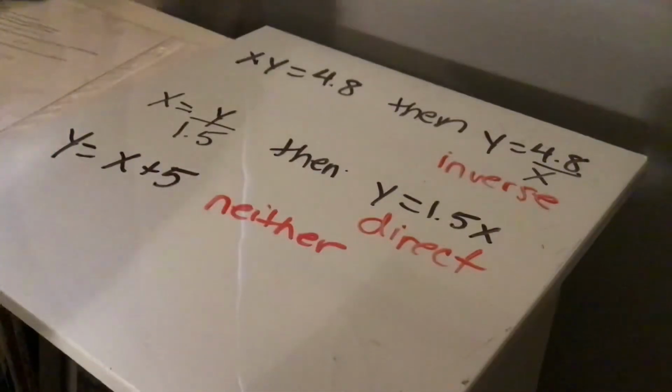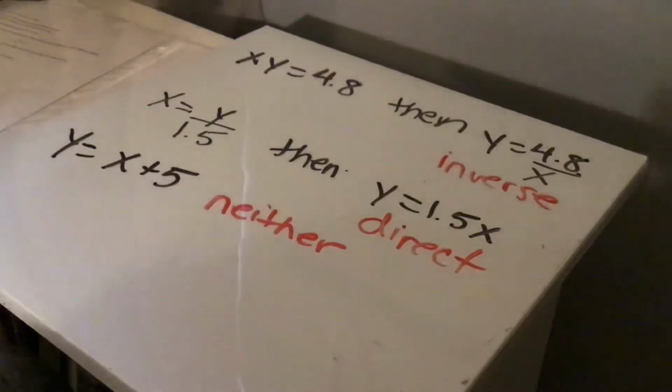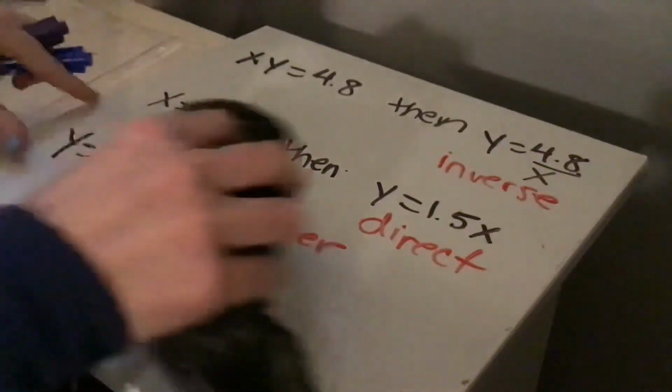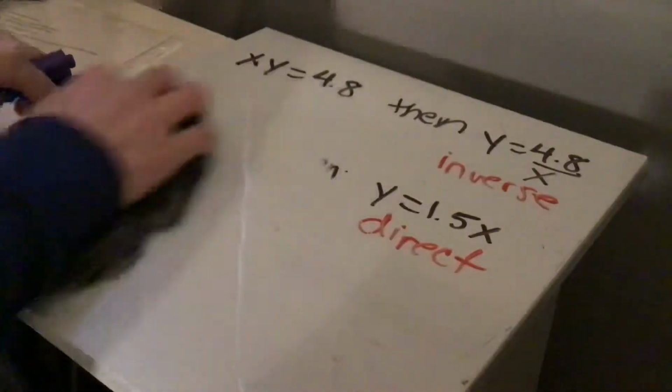The other thing you can do is write an equation that relates x and y if you know what kind of variation it is, and if you know a y value for a given x. So x and y vary inversely.